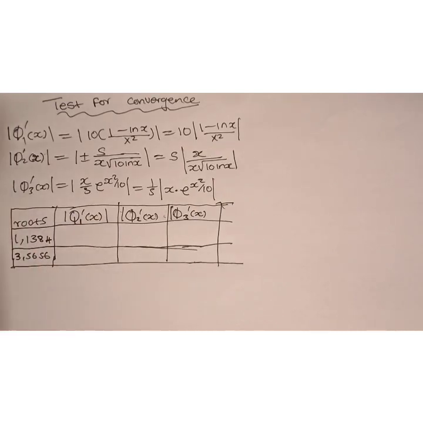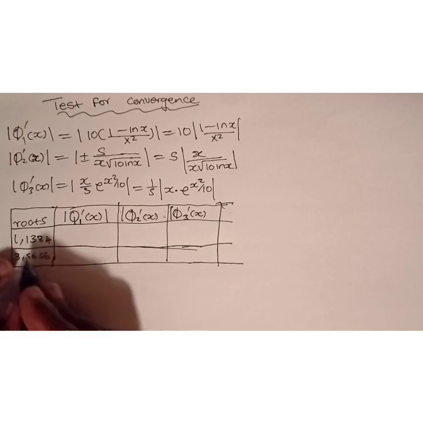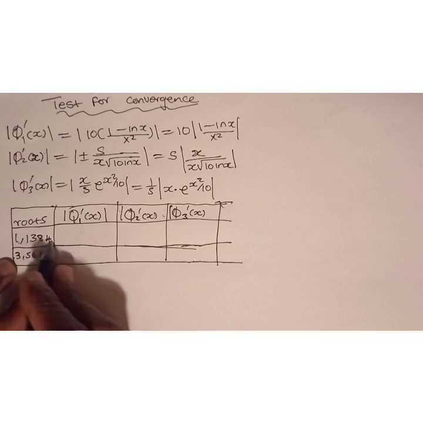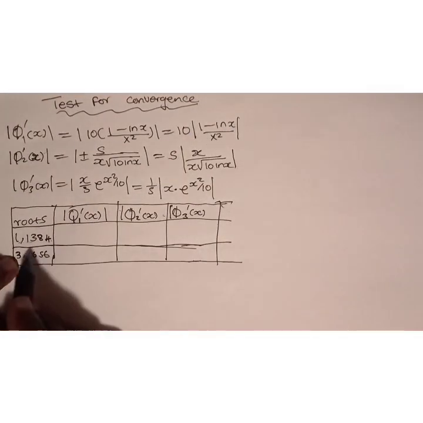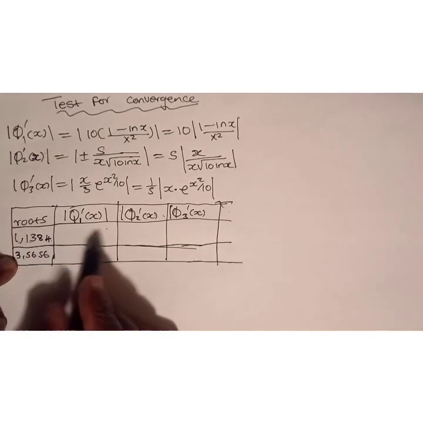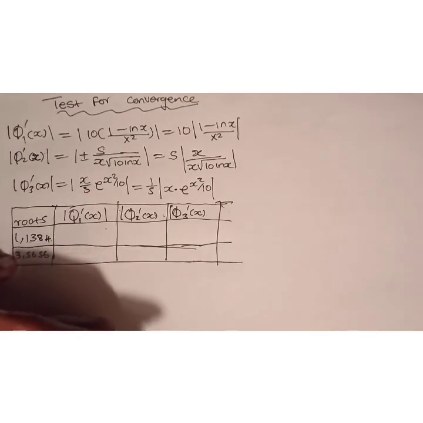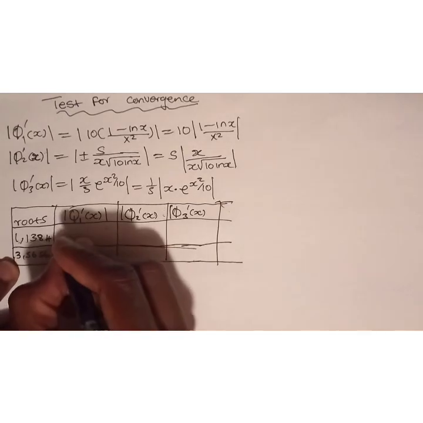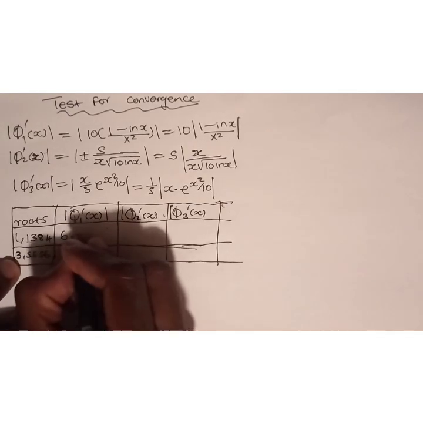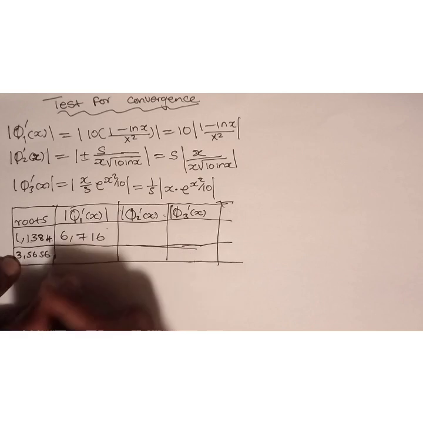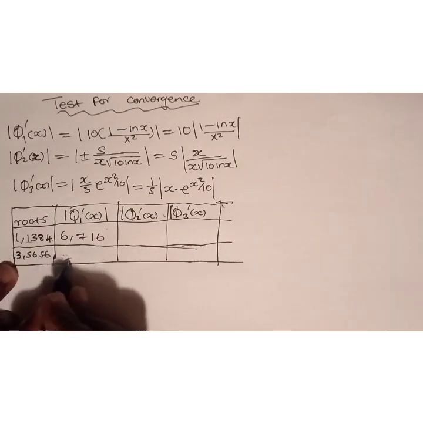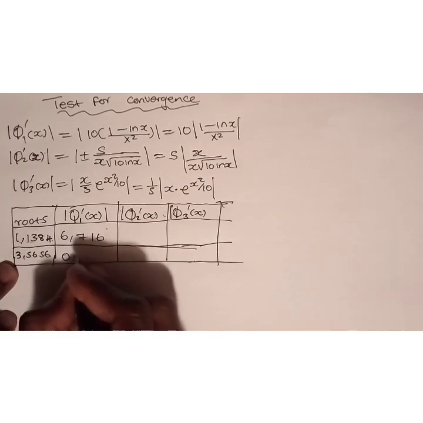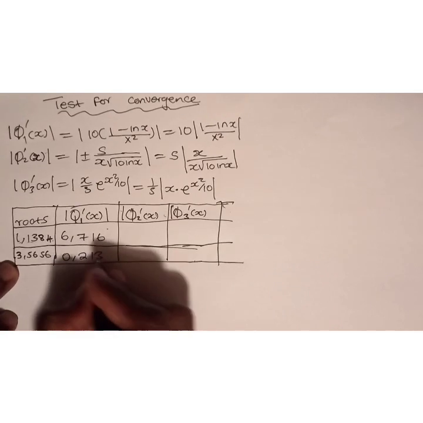So in this case, let's try to do the first one. What we're basically going to do here is plug this value into the first one. Where we see x, we put this root and write the answer here. If we do so, I find my value here as 6.716. My value for this root here will be 0.213.